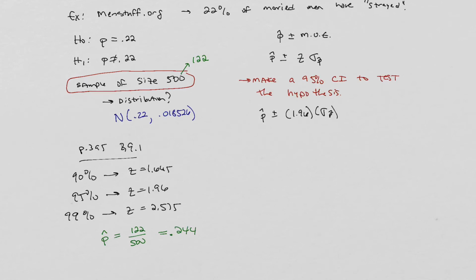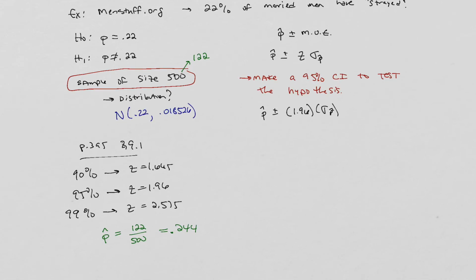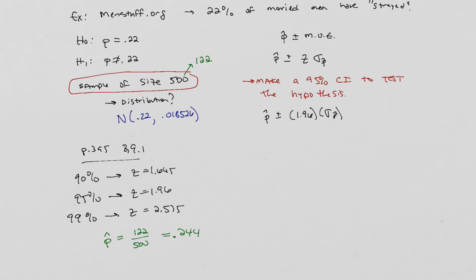So it's 0.244 plus or minus 1.96 times the standard deviation, which we calculate to be 0.018526. If we round all this to 3 decimal places, the margin of error winds up being 0.036.